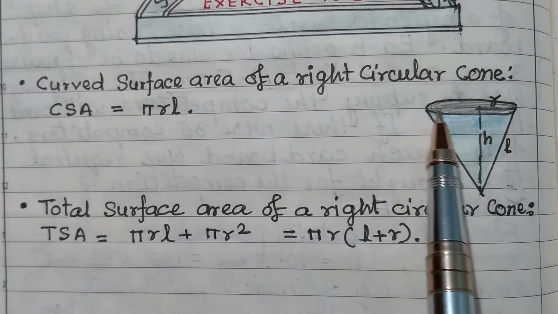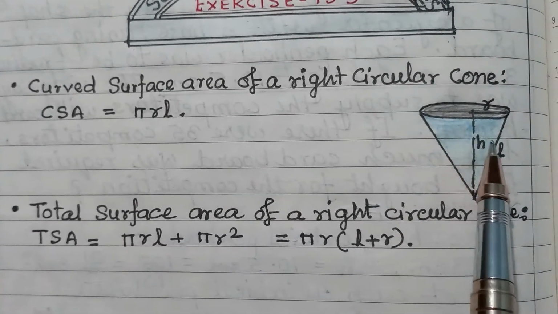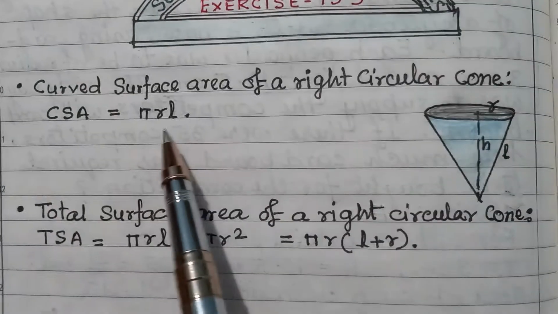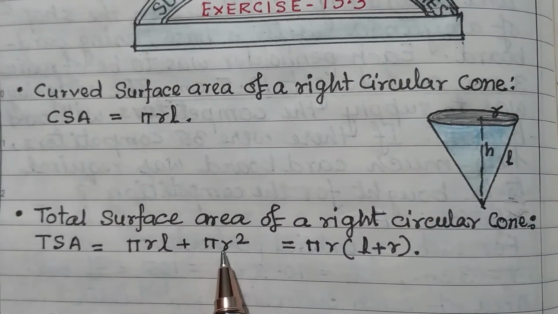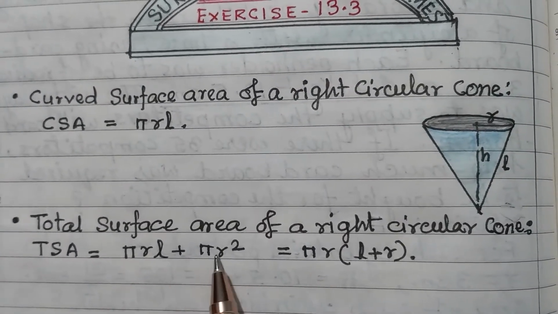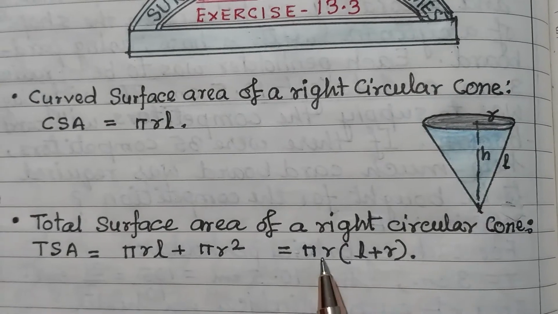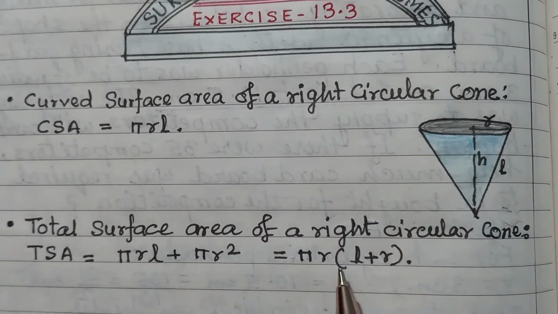The circular part is pi r square, the area of a circle, plus the curved surface area, CSA, which we already know is pi RL. So it is pi RL plus pi r square. Pi r is common out of these two, so it is pi r into L plus r. This is the formula for the total surface area.